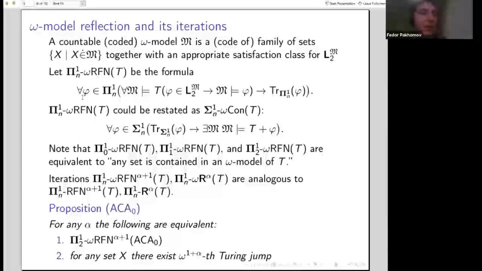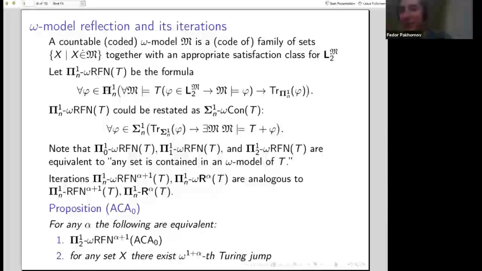Here is the scheme of Π1n omega model reflection. Before saying what this means, I need to mention that my notation differs from the more commonly used notation for the scheme of omega model reflection. My scheme is dual to the more standard version.